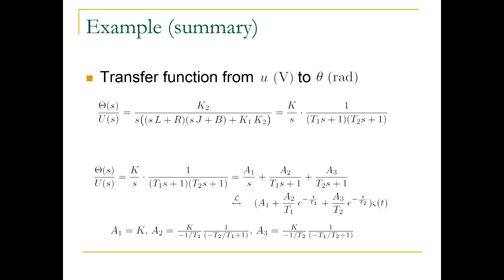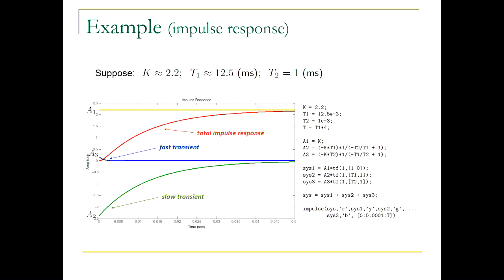And then the inverse Laplace transforms of these two terms correspond to decaying exponentials, so this can be read off directly from transfer function tables. And what do we get? We get this response, which is basically the impulse response of the system because we assumed u to be equal to 1.